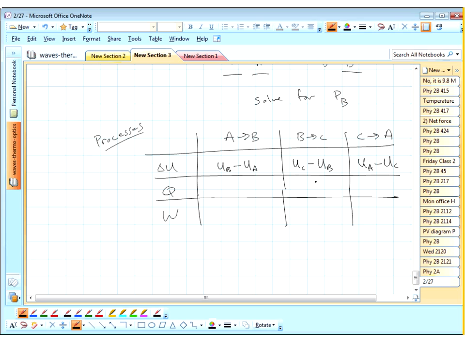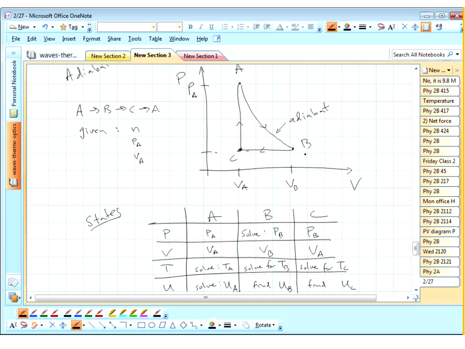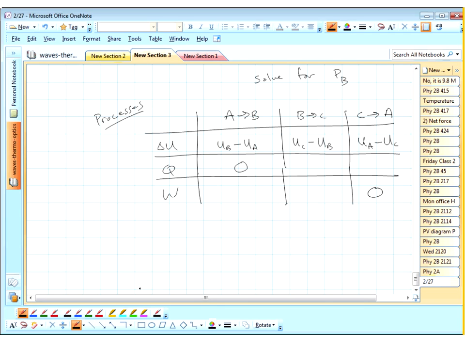Q's, we only know one of them, and that's the adiabatic process from A to B. We know Q is 0 for that process. We don't know B to C or C to A yet, but what we do know is the work done for those two processes. Let's start with the easy one, C to A. From C to A, the volume does not change, so the work done is 0.